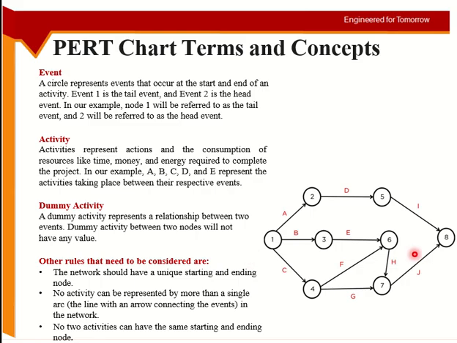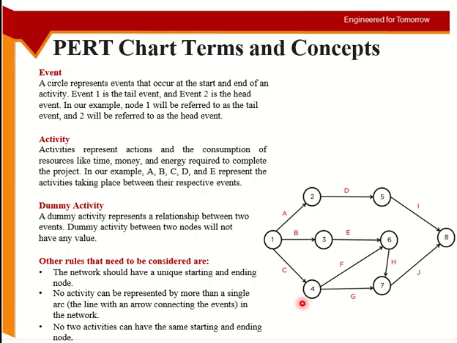Even if you have multiple critical paths, they should all end at the same node. You can see node 1 has multiple activities, but the node is 1. Node 8, the end of the project, again has multiple activities, but they are ending at one node. So the start node and end node of the project should be one in each case.